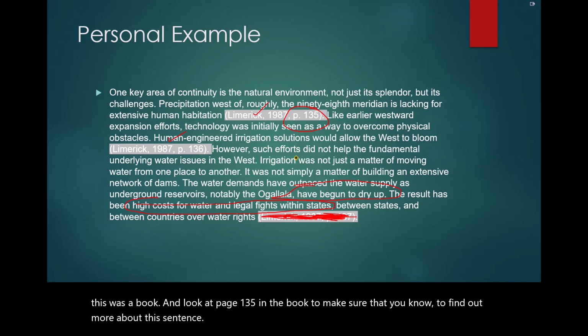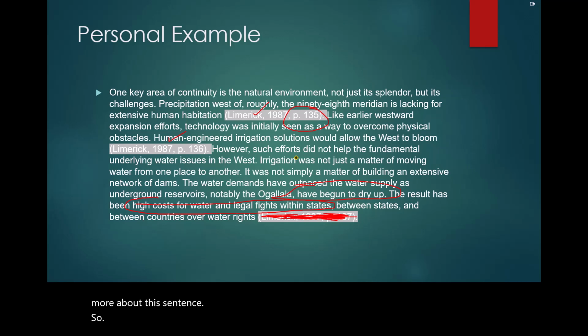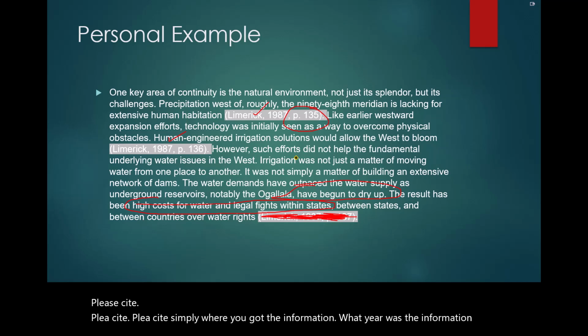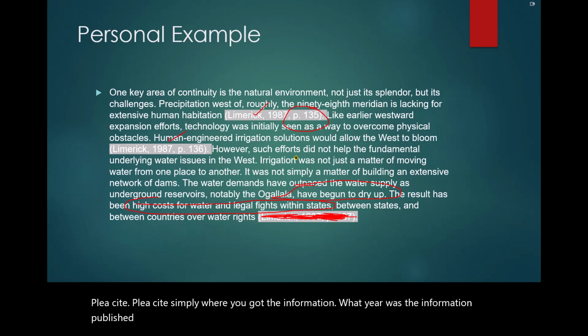So please cite. Simply say where you got the information, what year the information was published, and what page number the information is on.